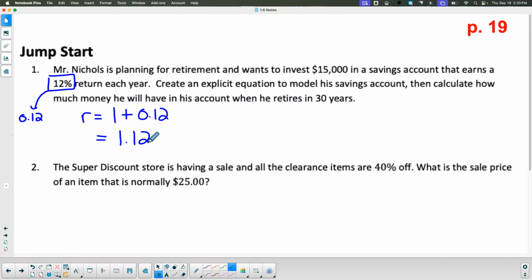So my question to you now is, what is my function? f of n is equal to what? We only have one input and one output so far. 15,000 times 1.12 to the n minus 1, because it's the first year.